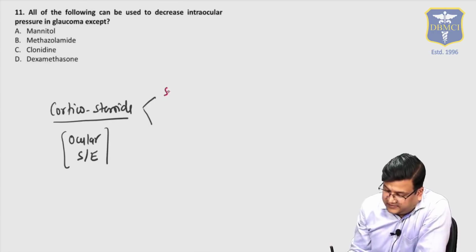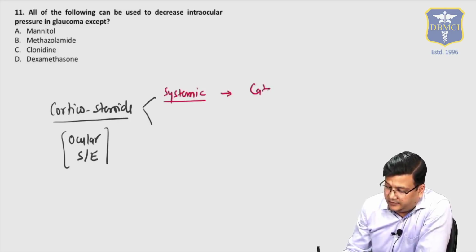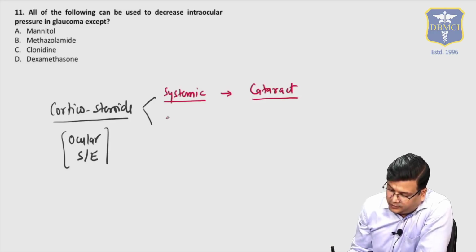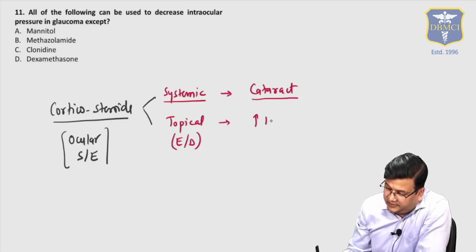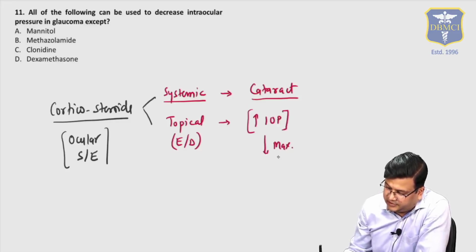If we are giving them systemically, oral or IV, then they cause cataract in the eye, posterior subcapsular cataract. But if we are giving corticosteroids directly in the eye, topical as eye drops for various inflammatory conditions, then they can cause an increase in intraocular pressure. And the maximum increase by steroids is caused by dexamethasone.